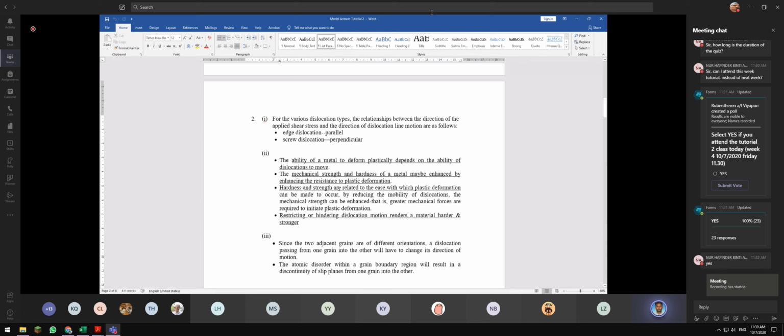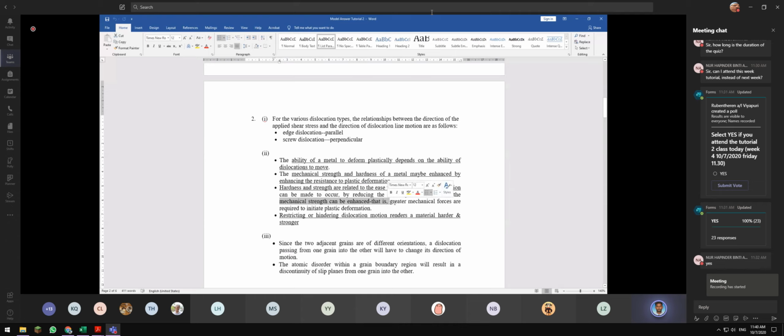Hardness and strength are related to the ease with which plastic deformation can be made to occur. This is the keyword. So if you make a material hard to deform plastically, your hardness is increased. By reducing the mobility of dislocations, the mechanical strength can be enhanced.